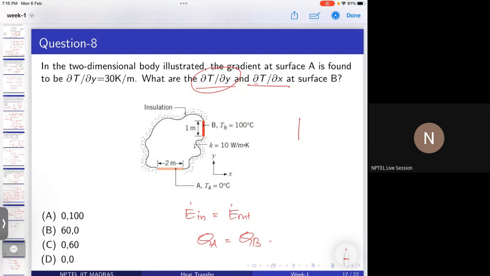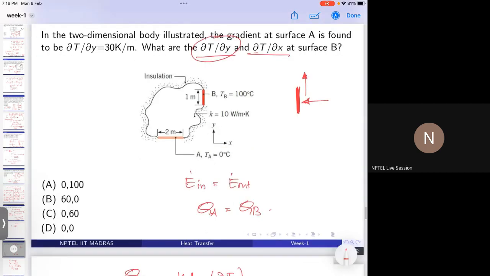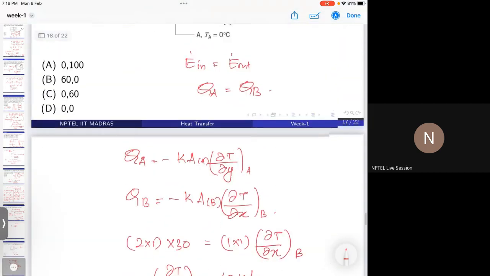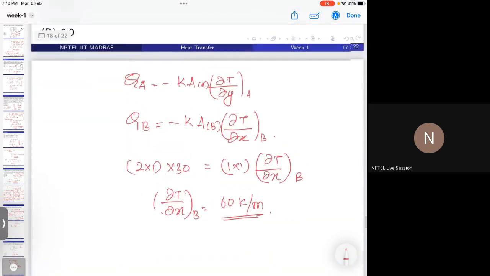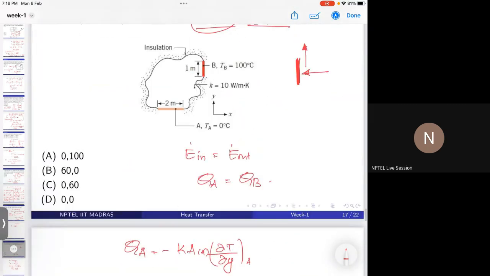This is an isothermal surface, so will heat transfer take place like this? No. The heat flux should always be normal to the isotherm, a constant temperature surface. So there won't be any component of dou T by dou Y. So the answer is, as one of you said, C.